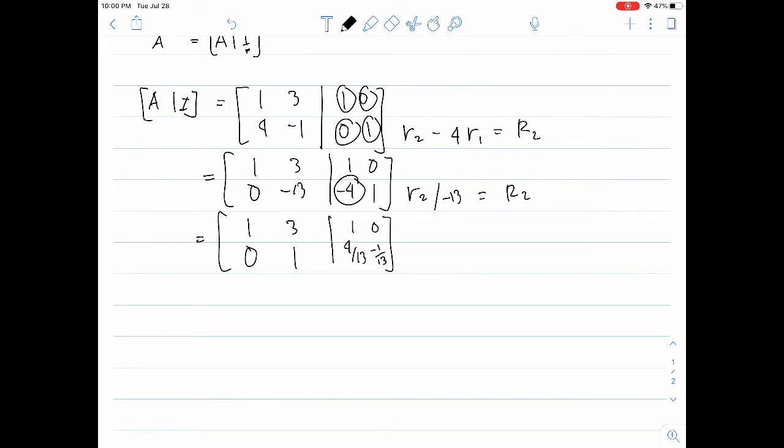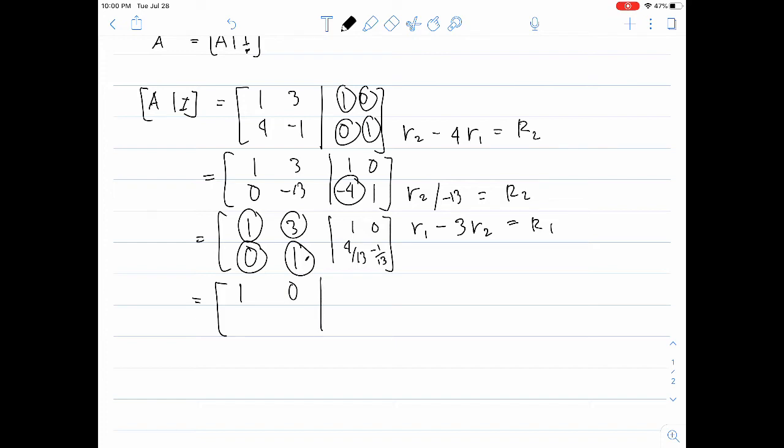So therefore, ato usabon ang R sub 1: R sub 1 minus 3, which is kung unsa ni diri, times R sub 2 is equal to our new R sub 1. So 1 minus 3 times 0 is 1. 3 minus 3 times 1 is 0.